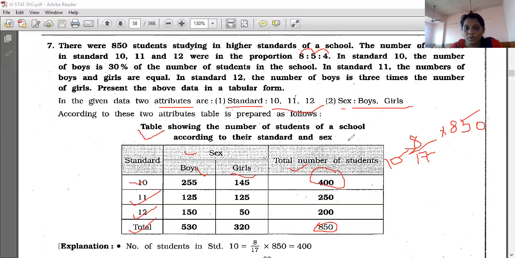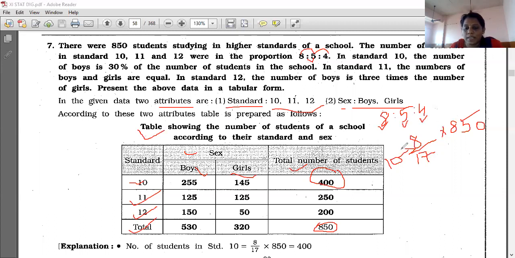The same way you have to do for 11th standard. So the next ratio is 5. 8 is to 5 is to 4 they have given, so this 8 is for 10th standard, 5 is for 11th and 4 is for 12th standard.